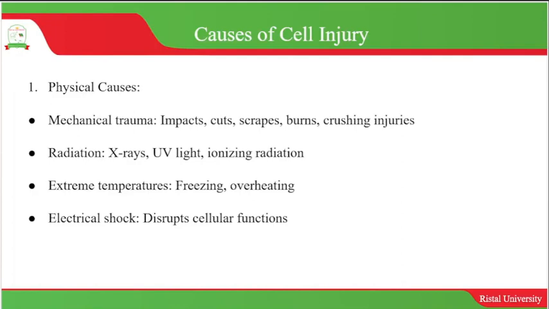These may include cuts, scrapes, burns, crushing injuries. For example, when one is involved in a car accident, we have distortion of those normal cells, and when they are distorted, they no longer perform the way they used to perform.